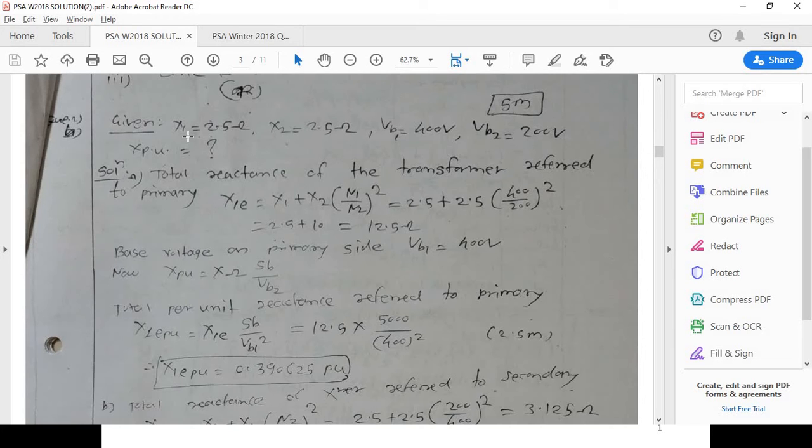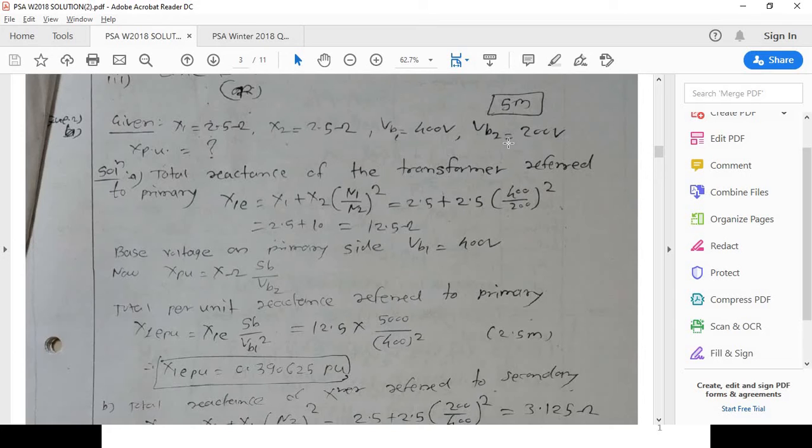Okay, I repeat, the base value of the power remains the same throughout the system, but the base value of the voltage changes as per the transformer ratio. So on the primary side of the transformer, if we consider 400 volt as VB1 base value, then on the secondary side, as per the transformer ratio, it will become 200 volt. And we have to calculate the transformer reactance X in per unit.